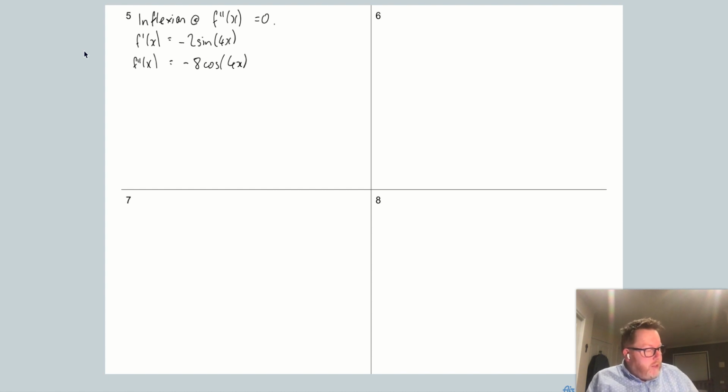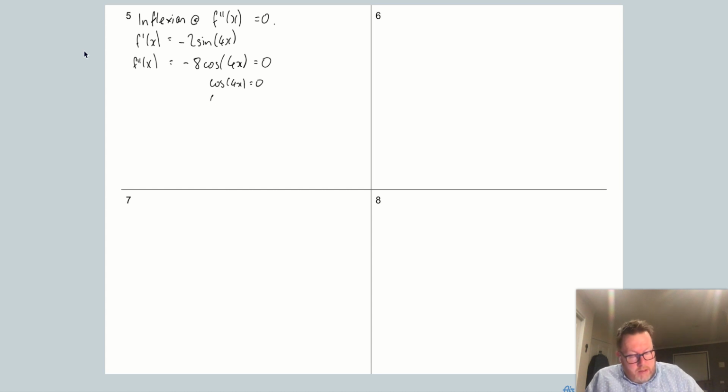So all we need to do is find out exactly when we set that equal to 0, what are the values of x. If negative 8 cos 4x is equal to 0, then that means the cosine of 4x is equal to 0.